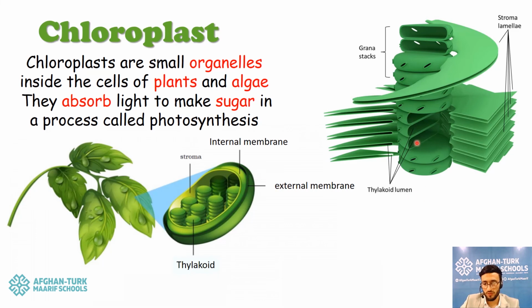The thylakoids are those structures which carry out different reactions of photosynthesis that we will study in the next video. Also the grana and stroma lamella are the parts of the factory that produce sugar or glucose, which is a form of energy, especially chemical energy, which is then converted into different types of feeding materials.